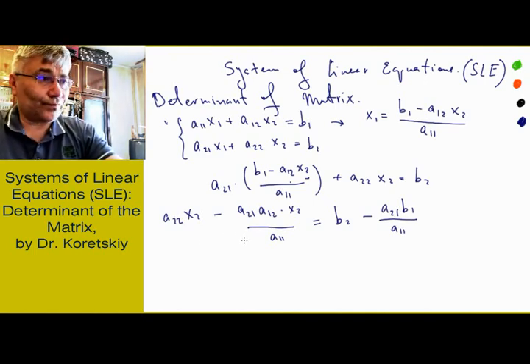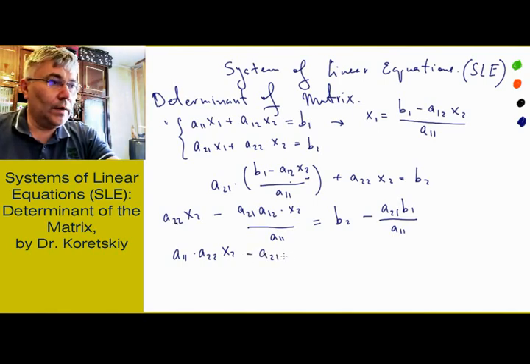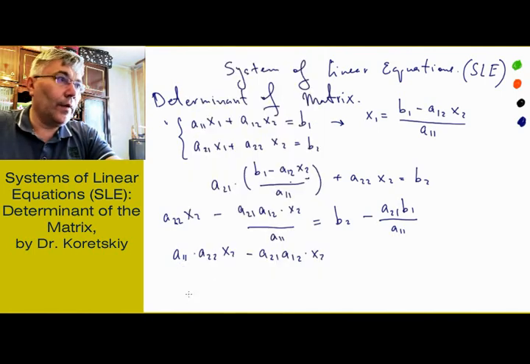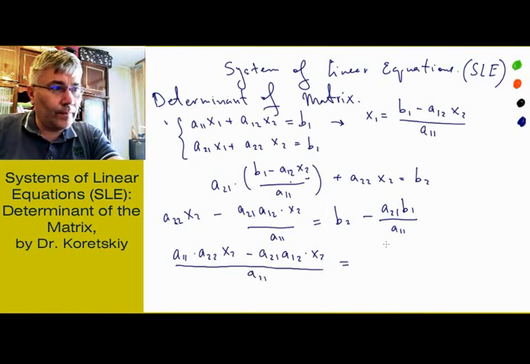Now I have to bring the left side to the common denominator a11, and I have a11 times a22 x2 minus a21 a12 times x2. The common denominator is a11.